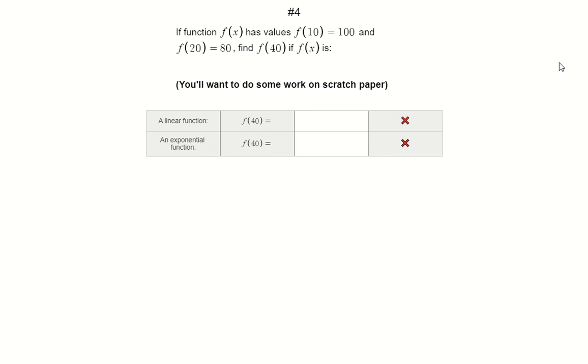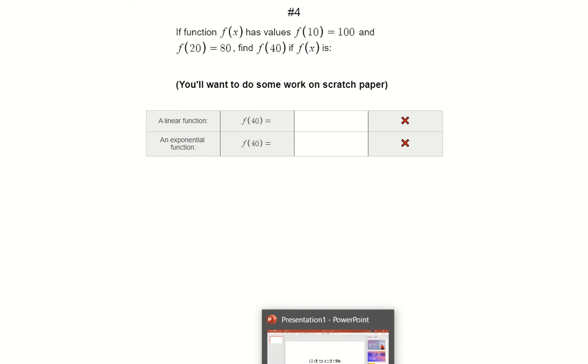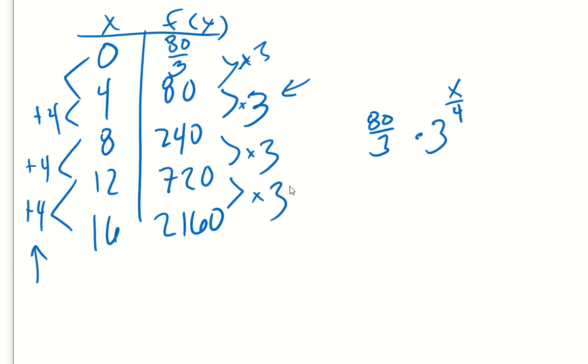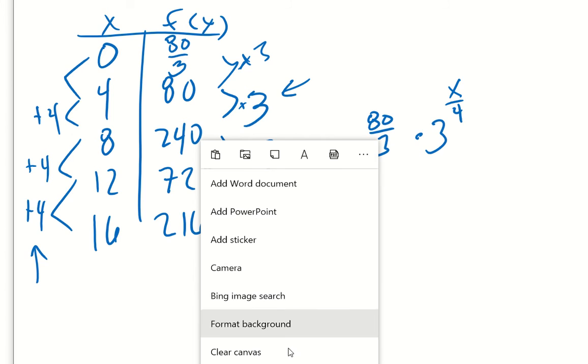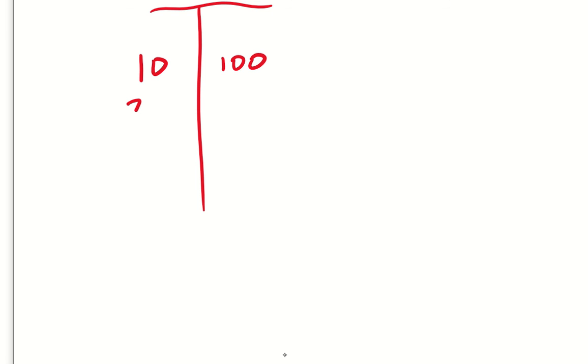Our last set, we got f of 10 equals 100 and f of 20 equals 80. So we've got 10, 100, 20 is 80.